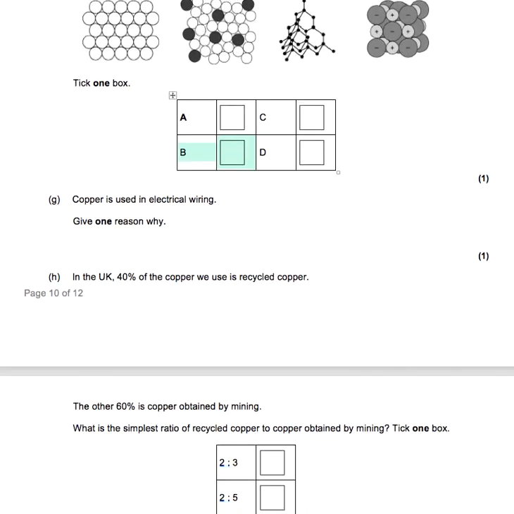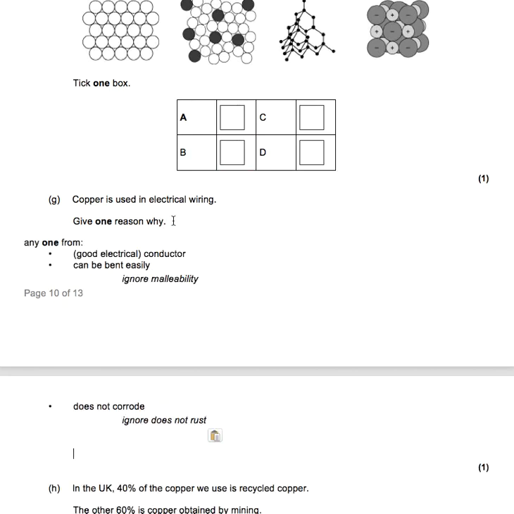Copper is used in electrical wiring. Well, one reason that it is used, obviously, is that it is a good electrical conductor, but it is also not prone to corrosion. It's easy to bend.